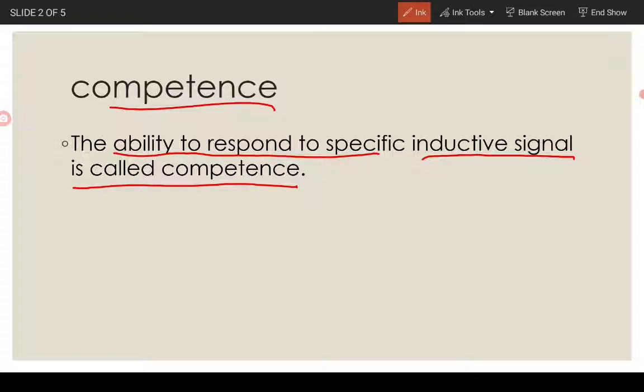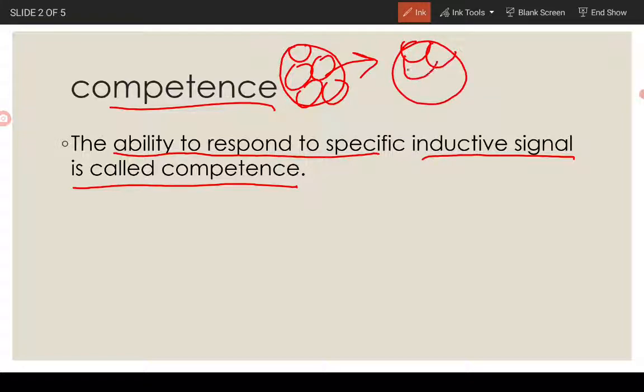If we already know what induction is, that a group of cells produces some kind of chemical signals that induce a change of developmental fate in another group of cells, that is induction, right?